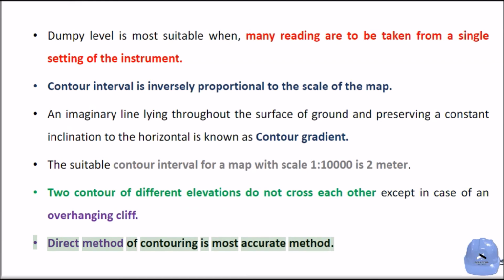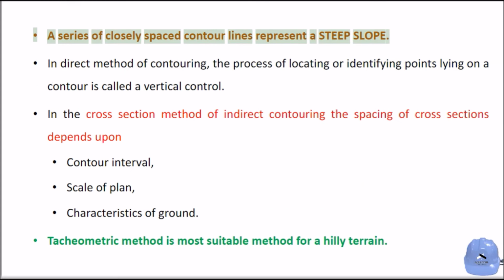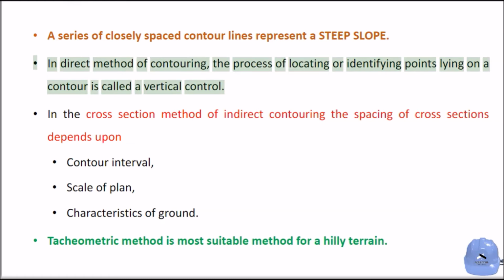Direct method of contouring is the most accurate method. A series of closely spaced contour lines represents a steep slope. Indirect method of contouring: the process of locating or identifying points lying on a contour is called vertical control.